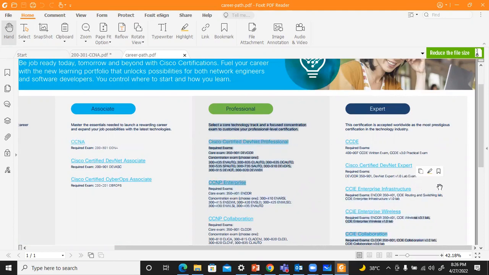If I talk about the enterprise one, the required exam is one written exam, which is the core NCore exam, and the CCIE routing and switching lab exam. Which is quite similar, but instead of the separate CCIE written exam, you can take the professional level core exam and then go for the lab exam for the expert level.